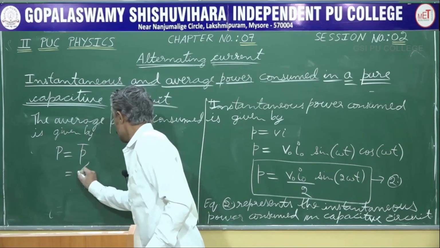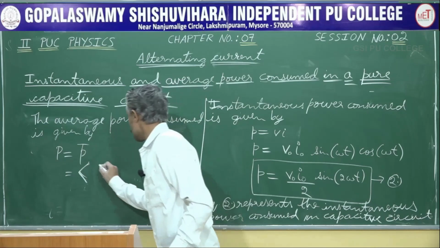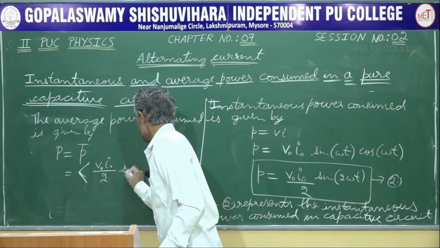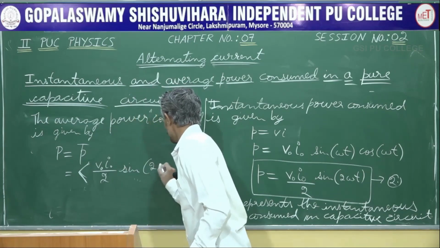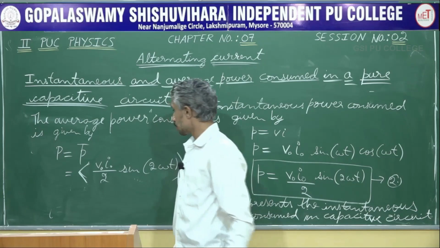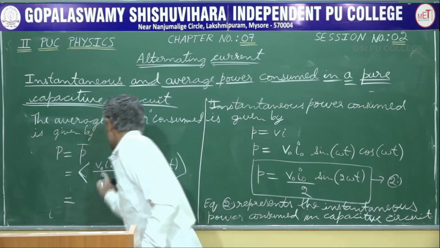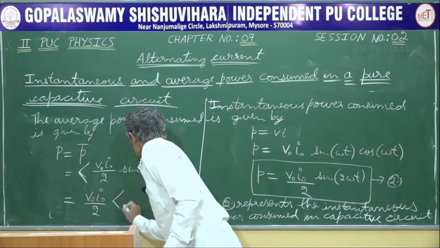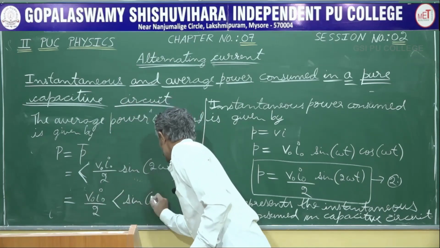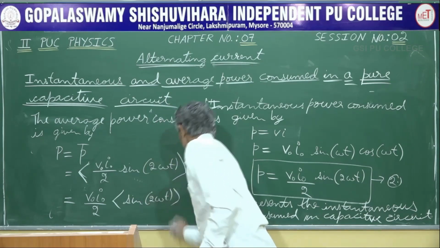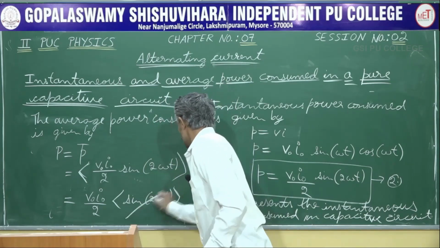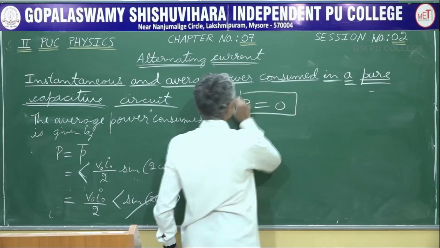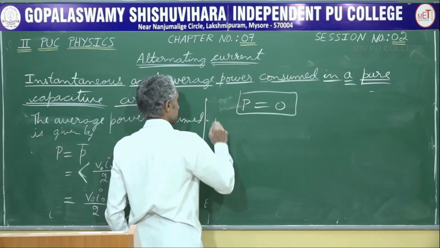So, which is the average of V naught I naught by 2 into sine of 2 omega t. So, take out the constants. Average of sine 2 omega t. The average of sine 2 omega t is 0. Therefore, the average power consumed in a capacitive circuit is 0.